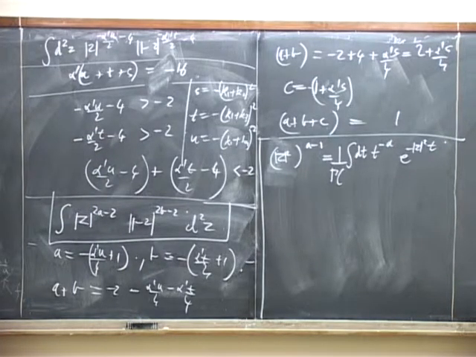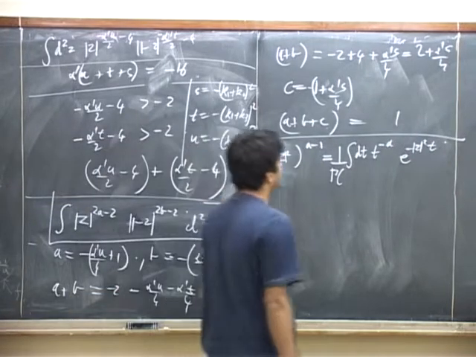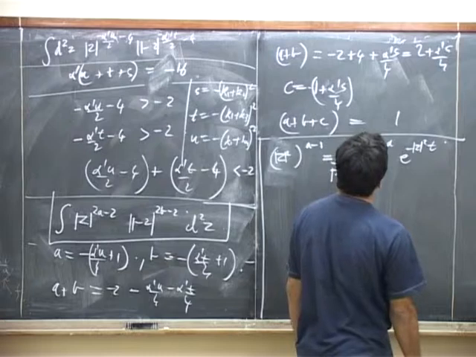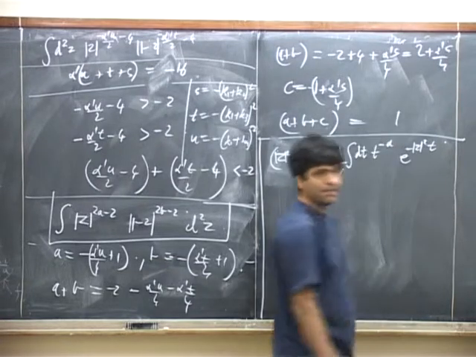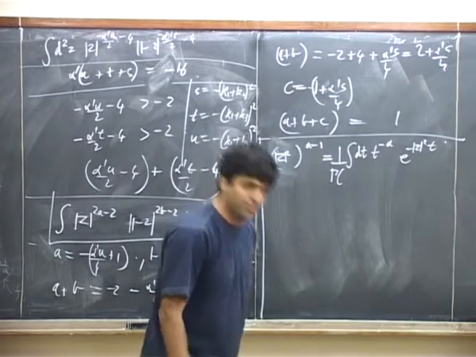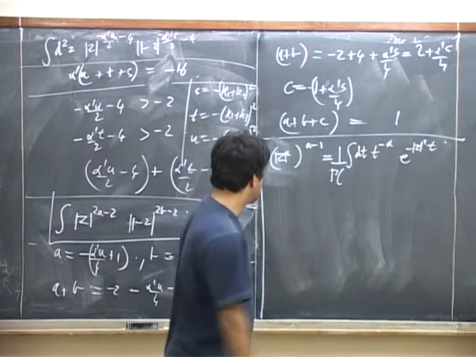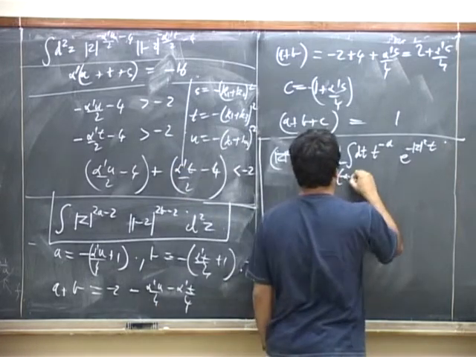If you have t to the power n plus 1, we have gamma of n. So minus a can be written as minus a minus 1 plus 1. So this is gamma of minus a minus 1.